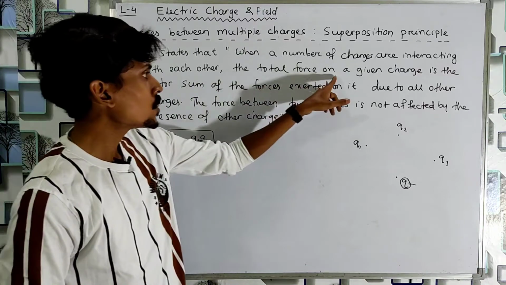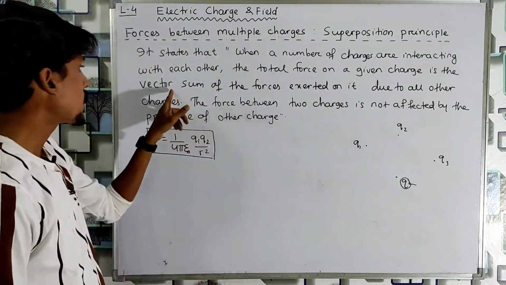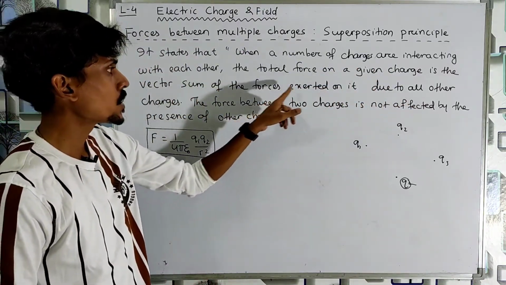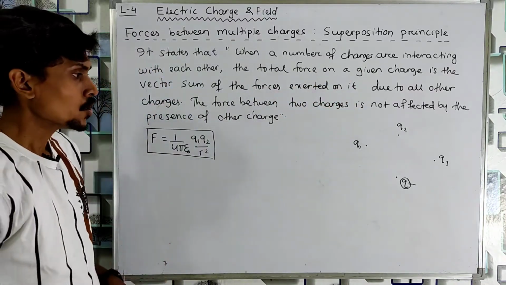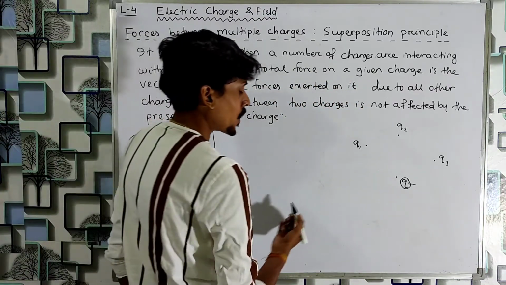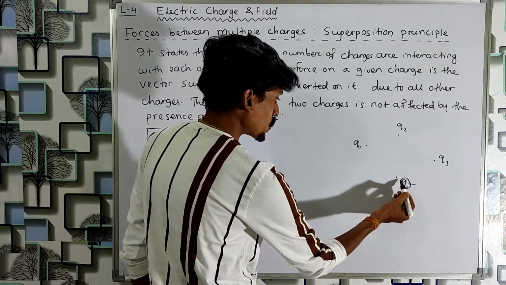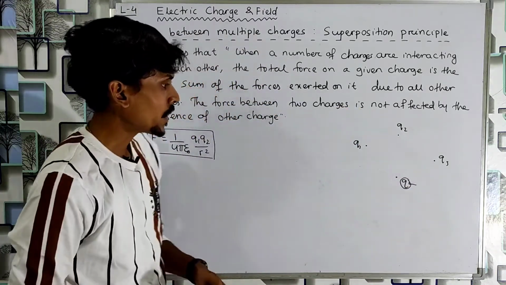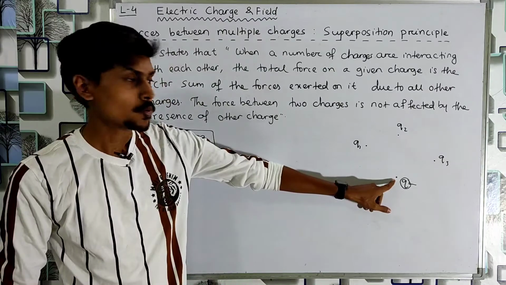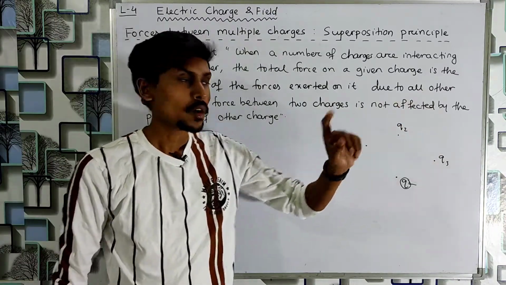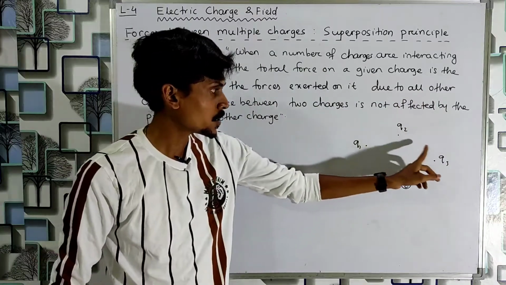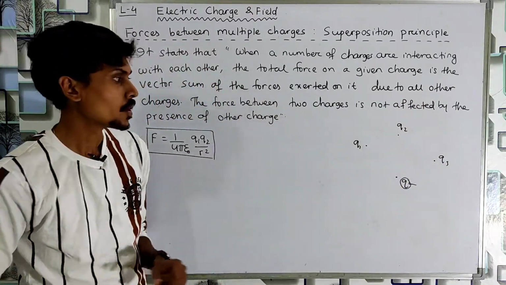The total force on a given charge is the vector sum of the forces exerted on it due to all other charges. Since I am interested in the total force on this charge, we know that Q1, Q2 and Q3, these 3 charges will exert force on the charge q.